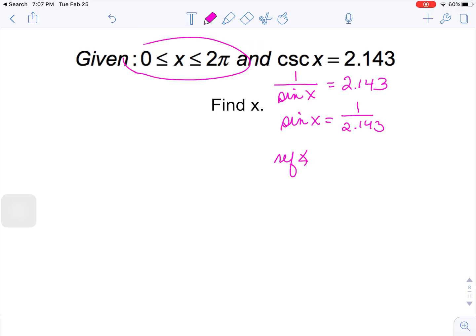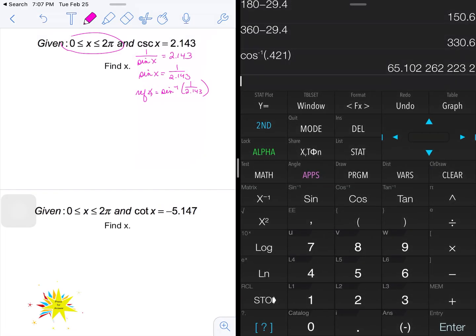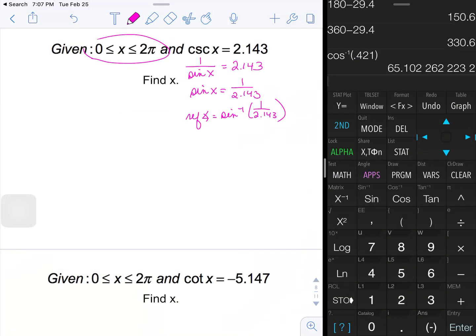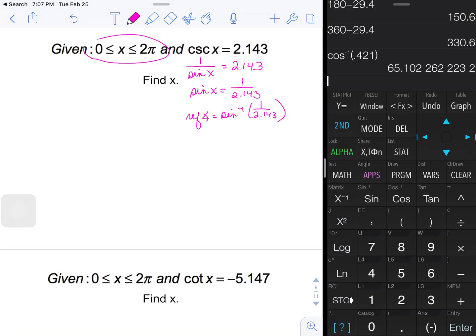My reference angle is going to be inverse sine of 1 over 2.143. So pulling up my calculator, first thing I have to do is put my calculator back in radian mode, and we'll do second sine, that's inverse sine, of 1 divided by 2.143.